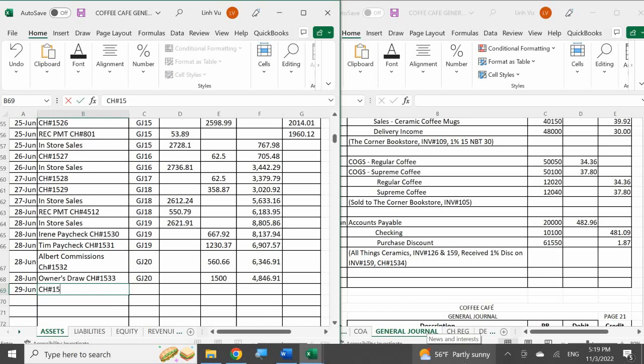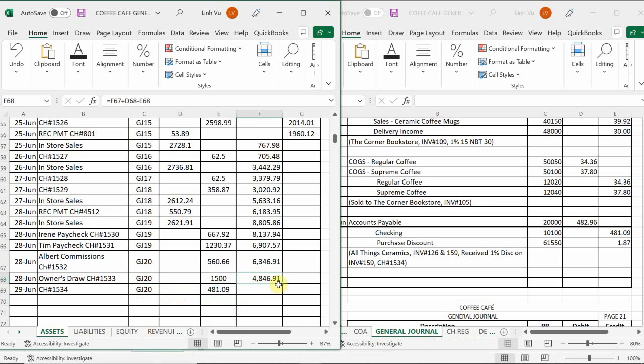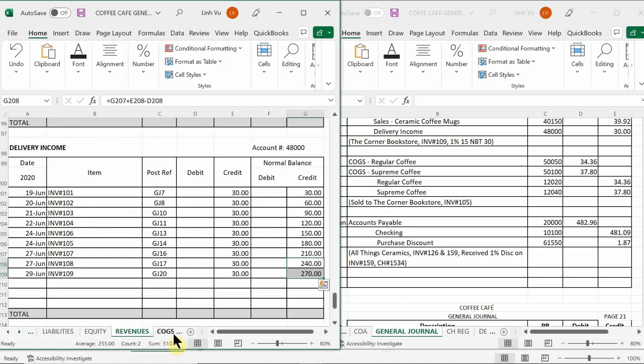Check number 1534. Right, still on journal 20 for $481.09. And that's going to decrease your account by $4,365.82. And then I need to record my purchase discount here.